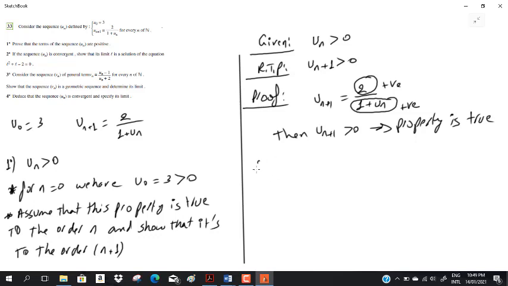Part 2. If the sequence un is convergent, show that the limit L is a solution of the equation L square plus L minus 2.